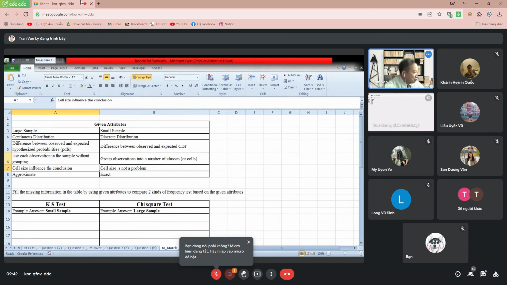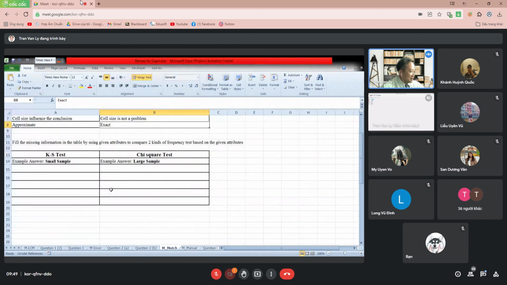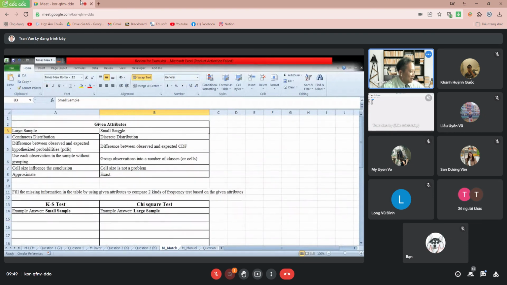So approximate, exact, because of the attribute of its kind of test. Okay, so you put it in this order. For example, put it here. So this one.